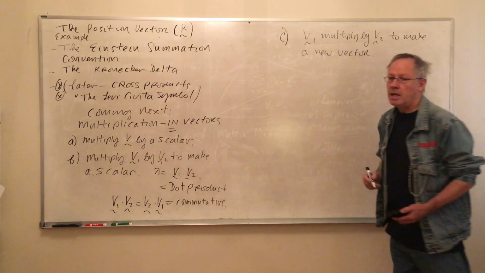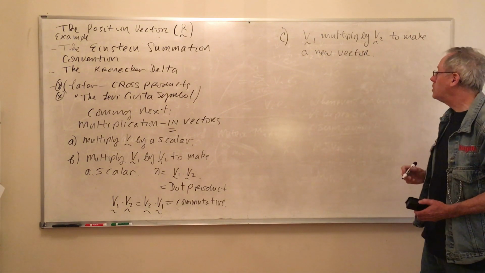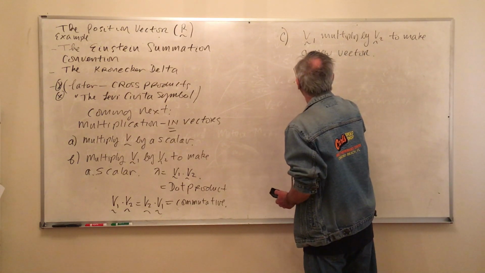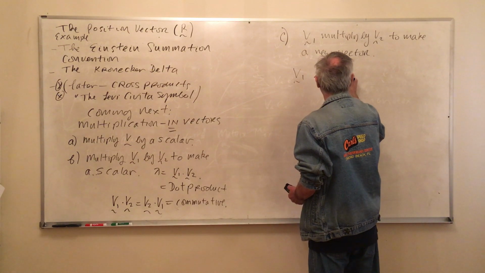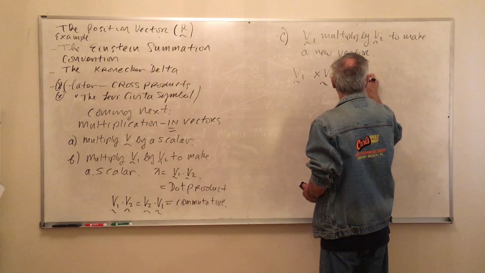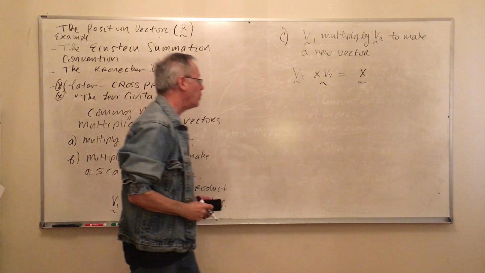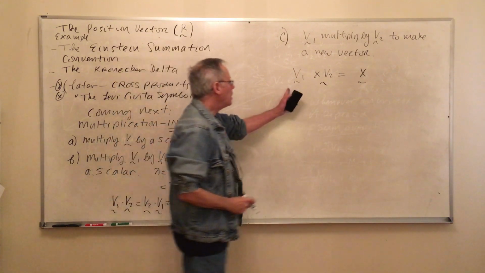And in this case here we take vector v1, multiply it by v2 to make a new vector. Some new vector x, we will say.